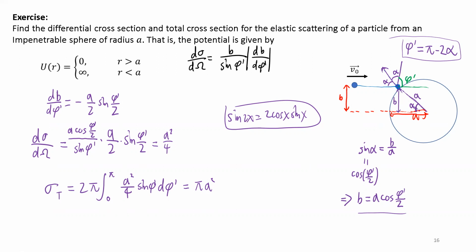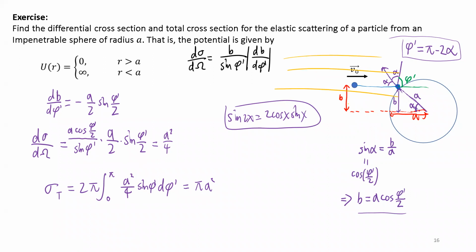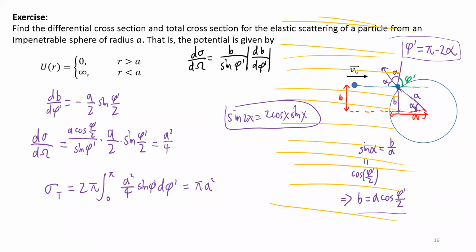And physically, that makes perfect sense, right? Because, as I said, if you have a shower of particles going in, like this, only the part of the beam in a particular region will be scattered, which is just this part of the beam.